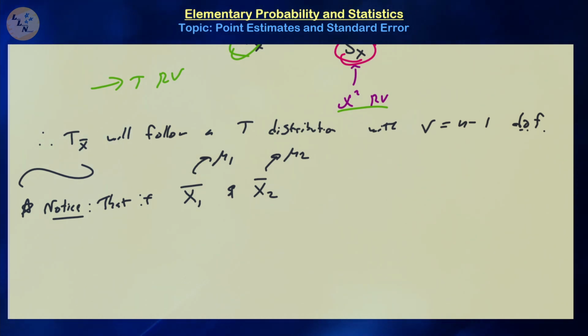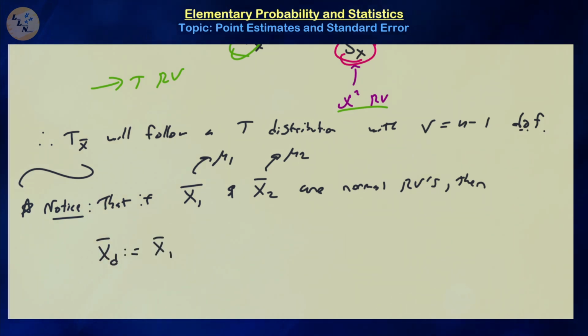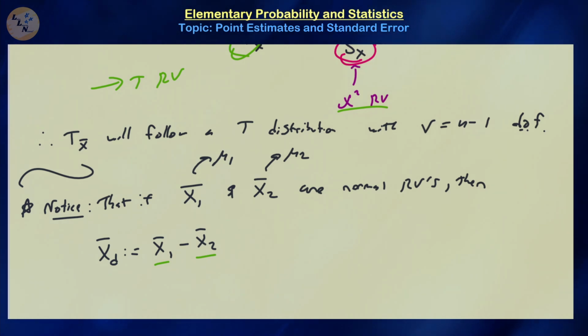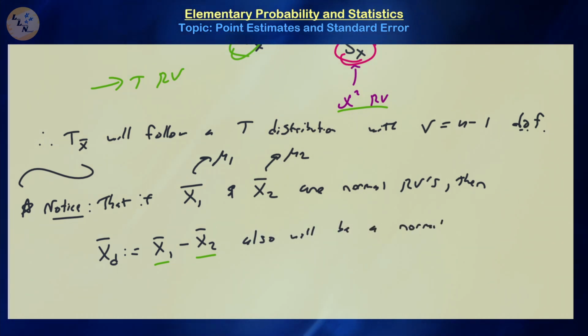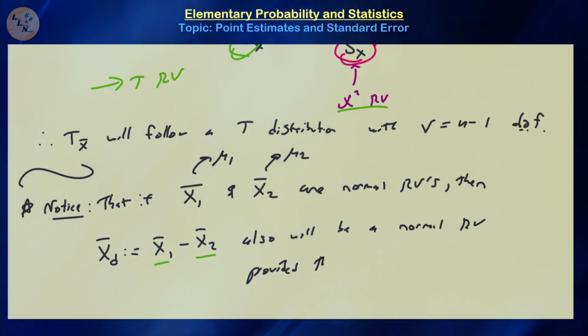So if x1 bar and x2 bar are normal random variables, then if we define x bar d as the difference between them, again, x1 bar minus x2 bar, if these are normal, that means their linear combination will also be normal. So that means this also will be a normal random variable, provided that we know sigma 1 squared and sigma 2 squared.